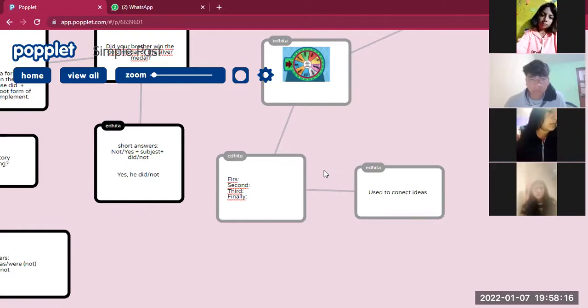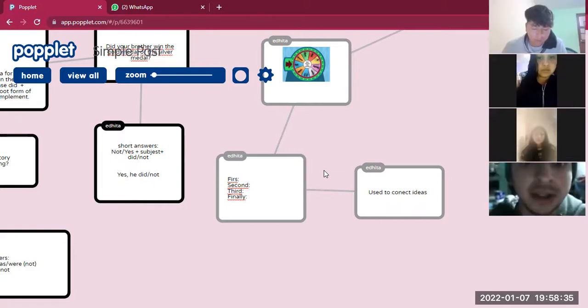But we can make many sentences in the simple past, but if we don't know how to use connectors, we can't convey understandable or complete messages.